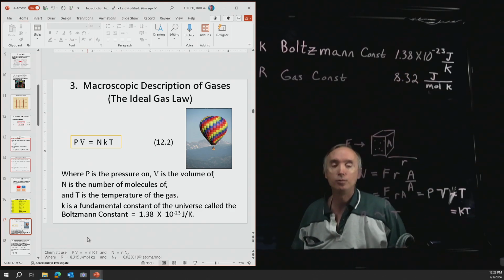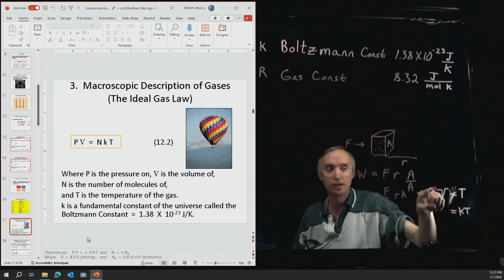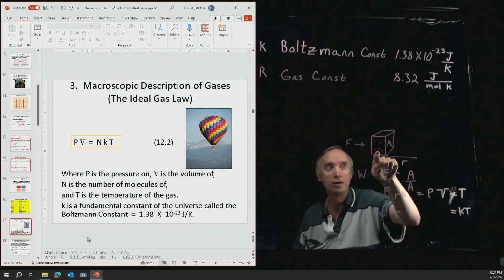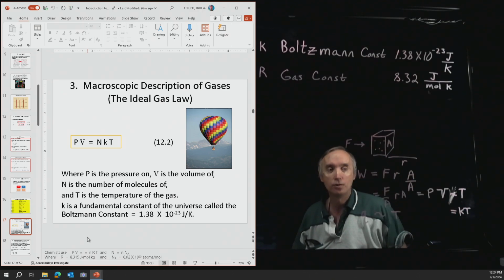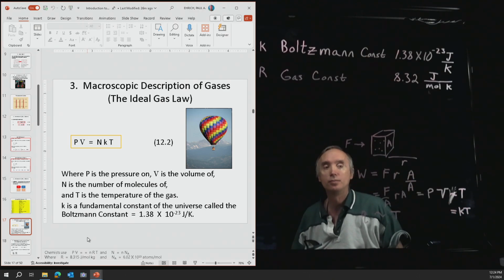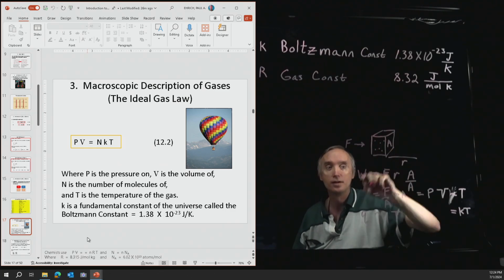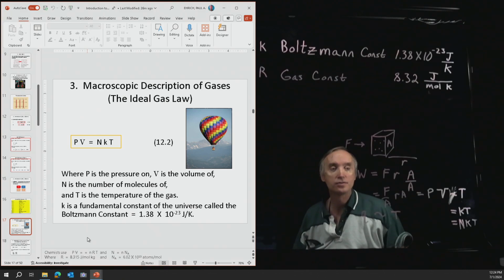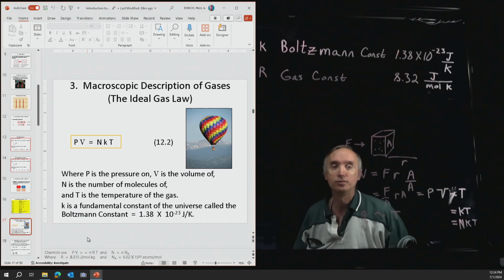Finally, we want to know the total energy that is going into the gas. This would be the energy of one of these molecules, but what would be the total energy? We need to multiply by the total number of air molecules inside the box. So finally we end up with N, K, and then T. That is the ideal gas law.